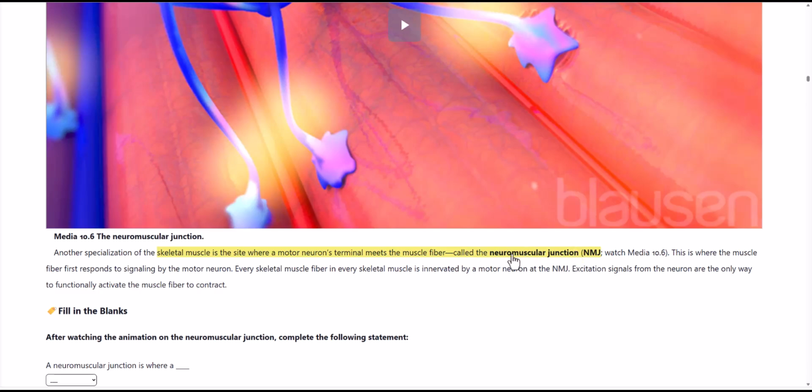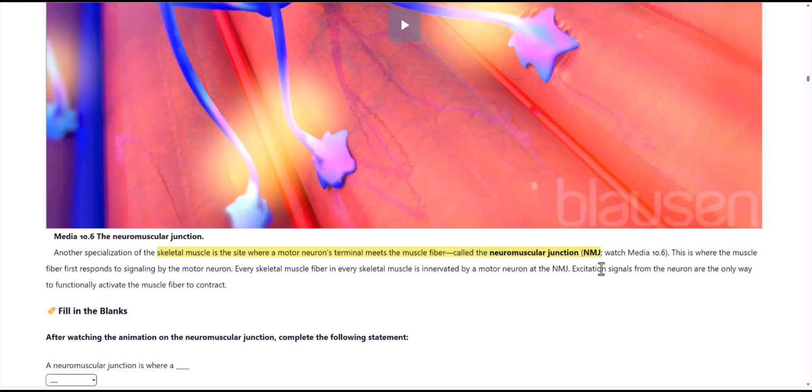Just know that term, where the nerve and the muscle join, and you will learn lots and lots about how the neuromuscular junction works in physiology. That is, how does the nerve excite the muscle and what is involved in that interaction.